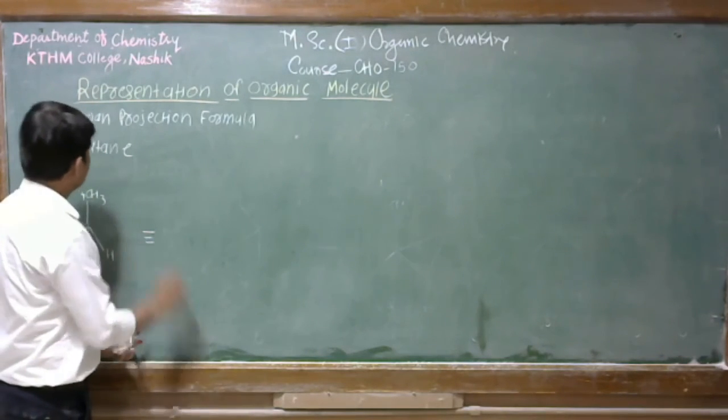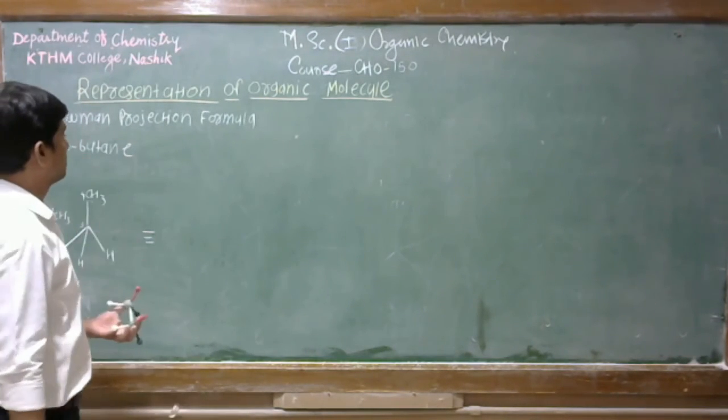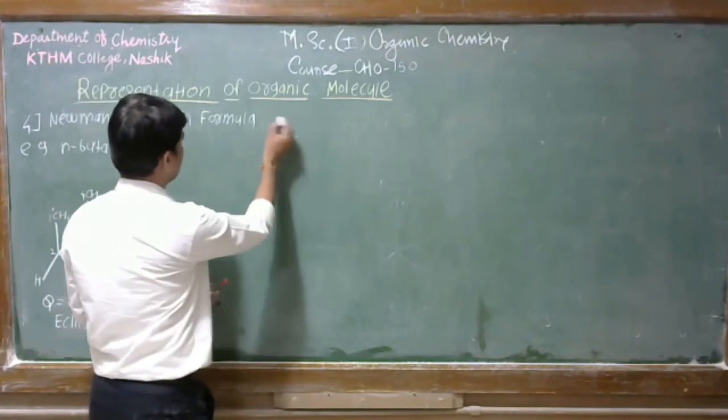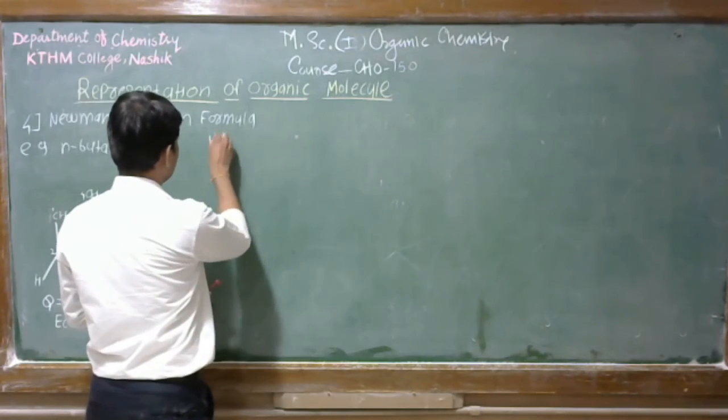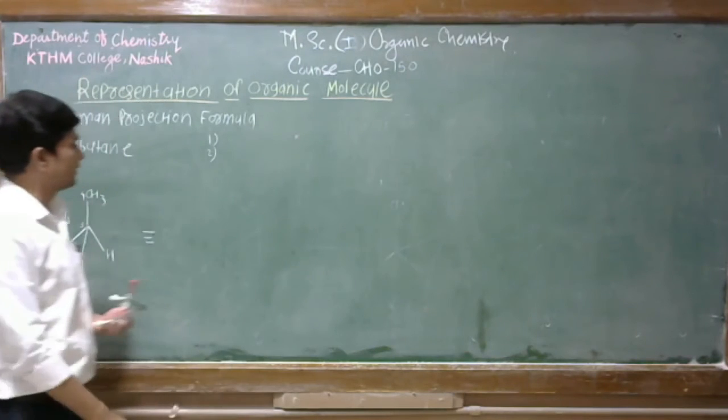Then in the Newman projection formula we can write here, see, there are 2 points we have to remember.